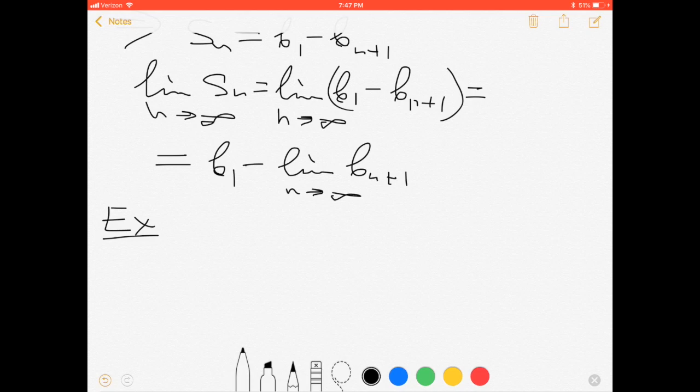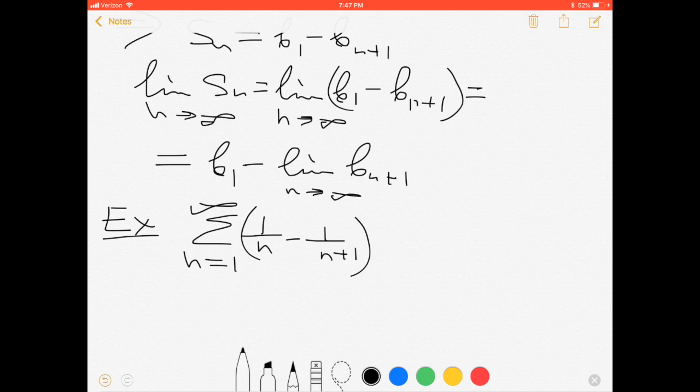Example. Let's go, we have the series sum of 1 over n minus 1 over n plus 1, where n changes from 1 to infinity. You can see easily, for n equal 1, you have 1 minus 1 half, plus n equal 2, you have 1 half minus 1 third.